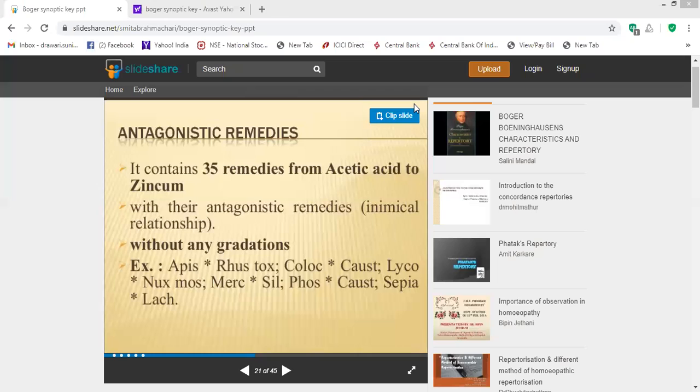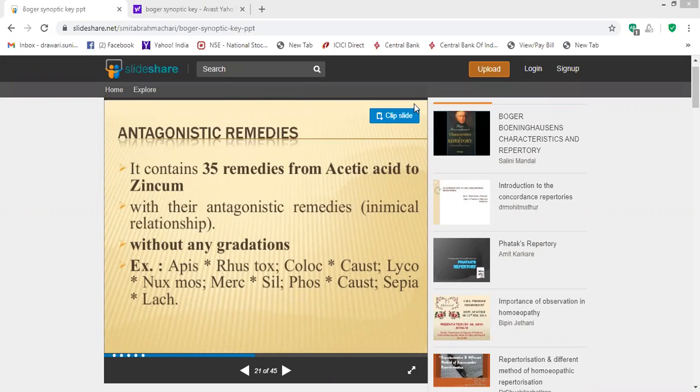In this book there are about 35 remedies from acetic acid to zincum, with their antagonistic remedies, that is, inimical relationship. The remedies are written without any gradations.